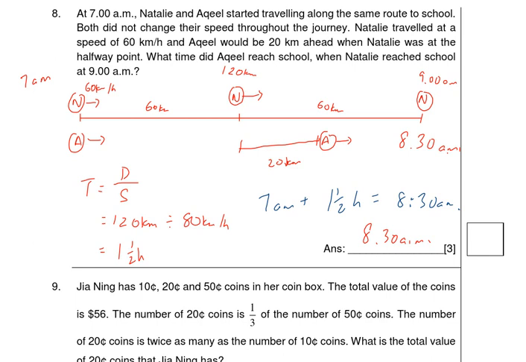Another thing that you need to understand. When I was marking your speed worksheet, I had people drawing me the timeline. Good. So, they give me 8:30 here.